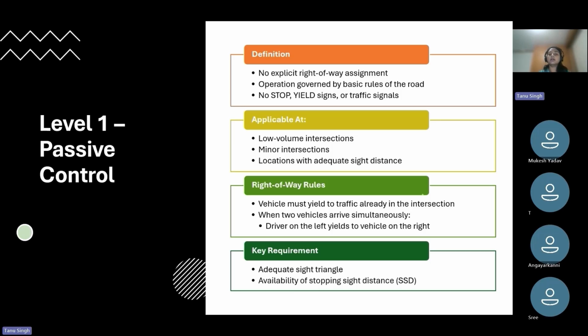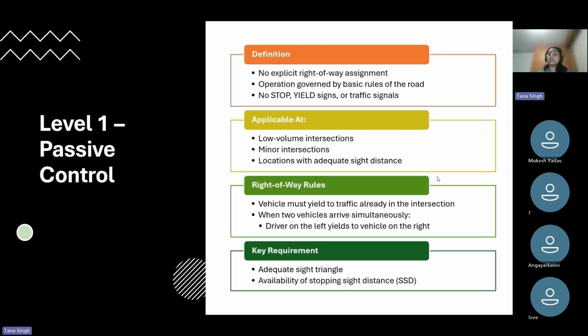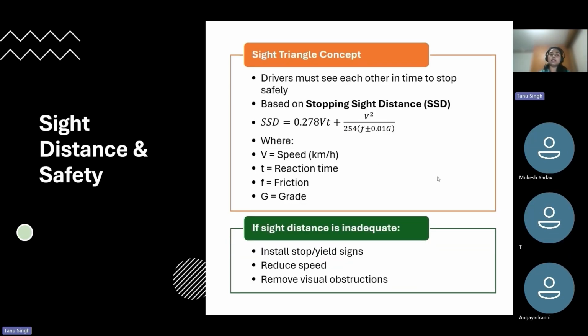Then the right of way rules: vehicles must yield to traffic already in the intersection. When two vehicles arrive simultaneously, the driver on the left yields to the vehicle on the right. The key requirement is an adequate sight triangle and availability of stopping sight distance.